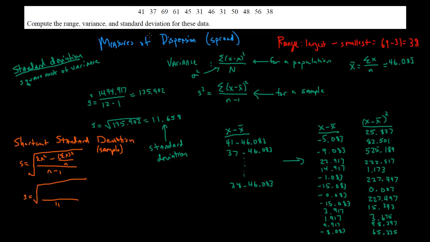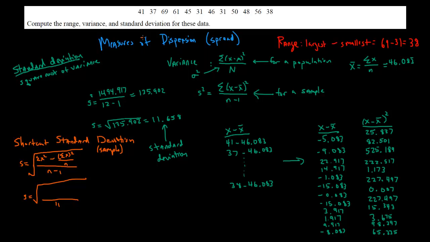That's if you take all of these numbers, square them, and add them up. So I'm going to use my calculator to do this so we don't have to write a whole bunch of stuff here. That's 41 squared plus 37 squared plus 69 squared plus 61 squared plus 45 squared plus 31 squared plus 46 squared plus 31 squared plus 50 squared plus 48 squared plus 56 squared plus 38 squared.